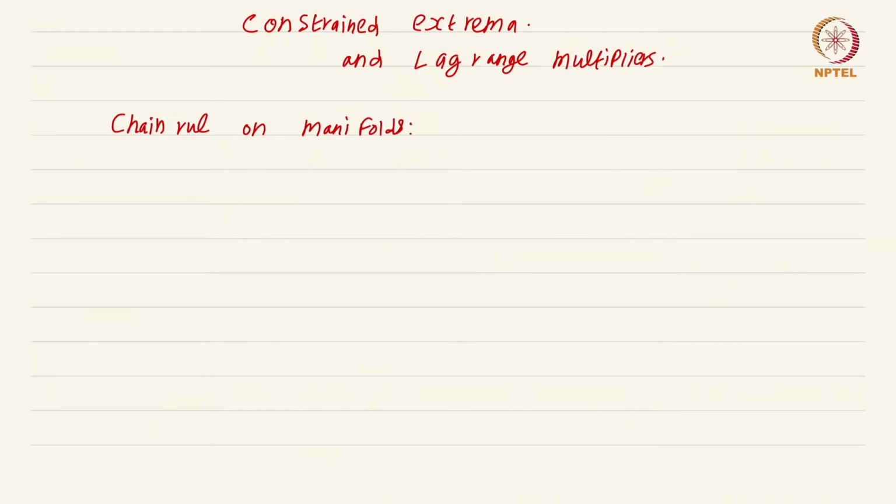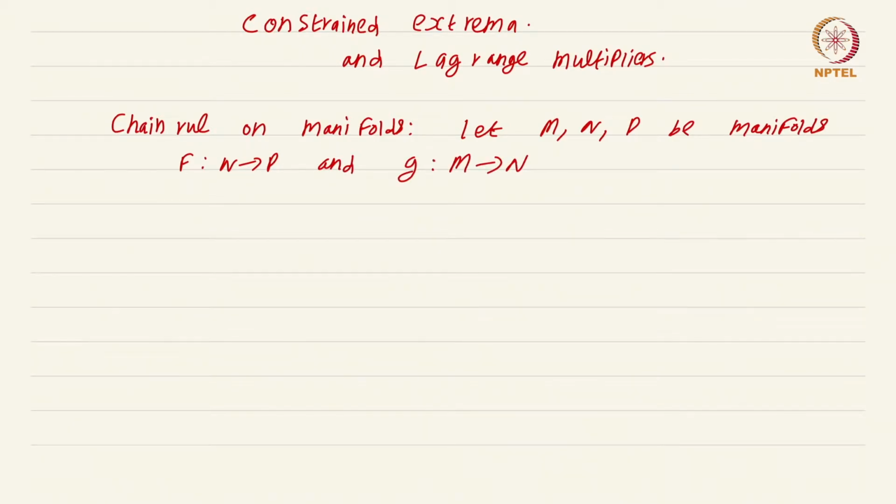So the chain rule states the following: let M, N, P be manifolds. It doesn't matter what the dimensions are. Let F from N to P and G from M to N be differentiable mappings.